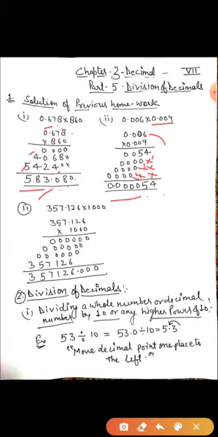Look here, in the multiplicand the decimal is present after 3 digits, and in the multiplier also after 3 digits. So the decimal places are 3 plus 3, which is 6. Now we place the decimal after 6 digits in the product: from the right-hand side 1, 2, 3, 4, 5, 6. Now 6 here, then place the decimal here.